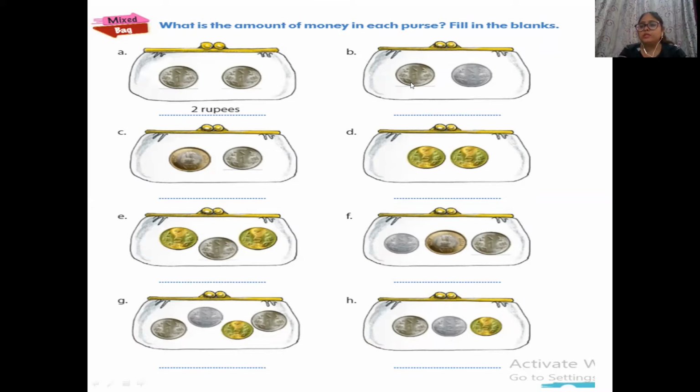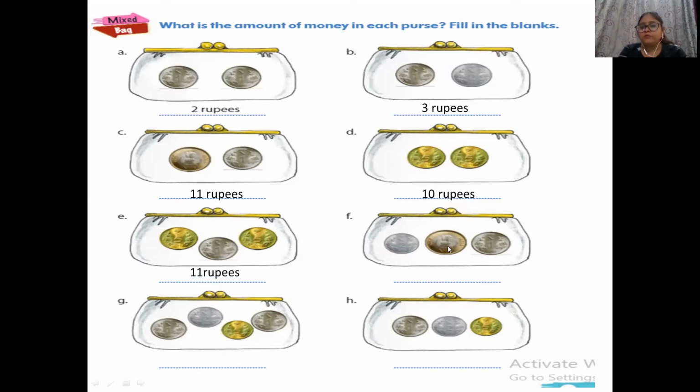Now see, in the second purse B, we have coins of 1 and 2, so the total amount will be 3 rupees. Yes, after that see, 10 rupees plus 1 rupee, it will be 11. Correct. Now D, 5 rupees and 5 rupees, it will be 10 rupees. Yes. In E, 5 rupees plus 5 rupees, then 1, it will be 11.